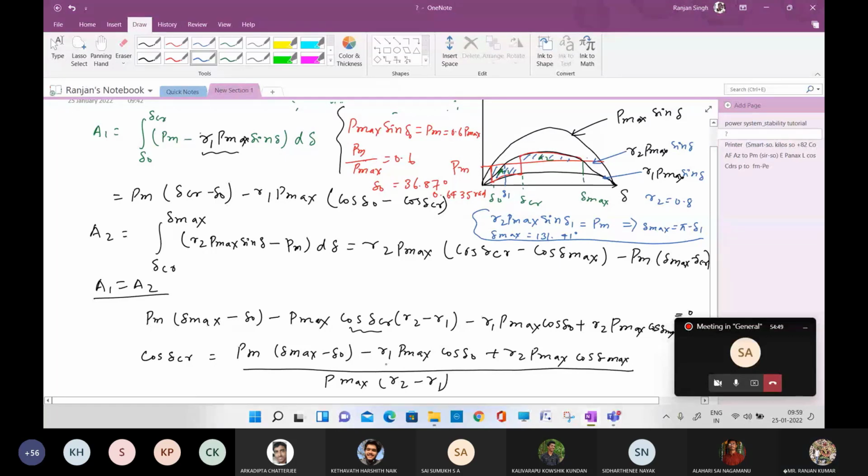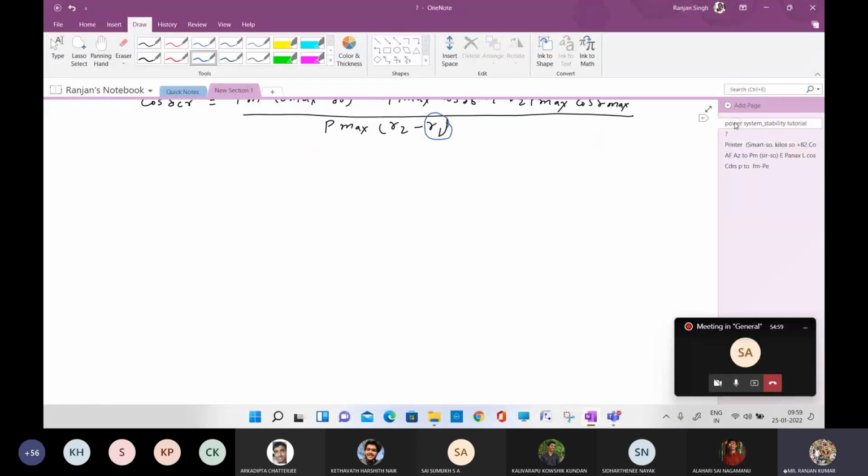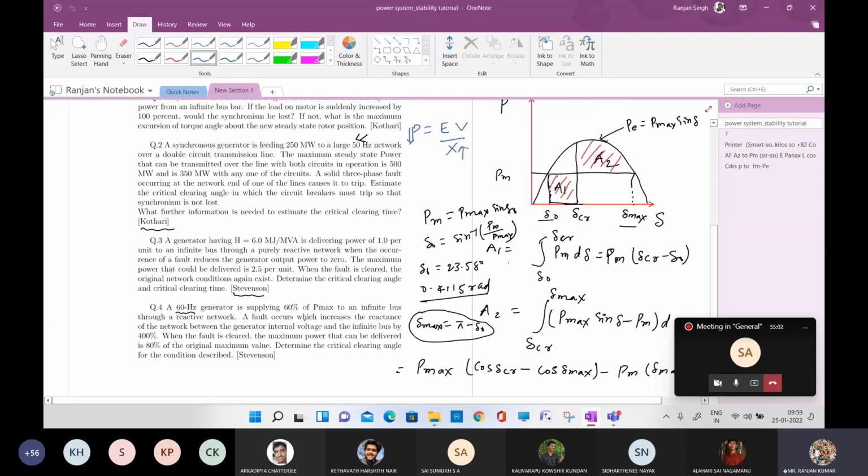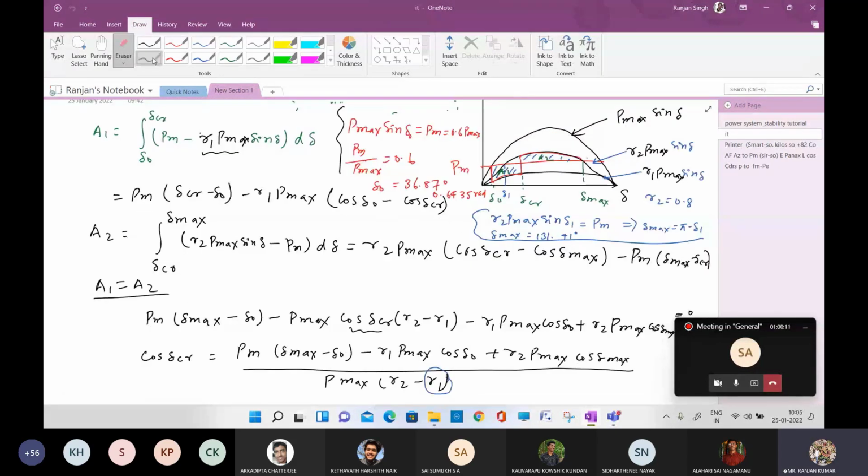Now here what is required? R1. This is the R1. During fault, what is happening? A fault occurs which increases the reactance of the network between the generator's internal voltage and the infinite bus by 400%. Here R1 becomes 0.25.